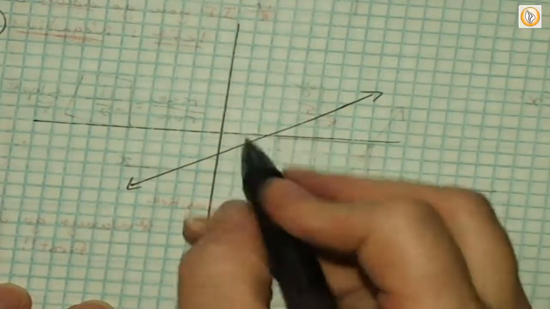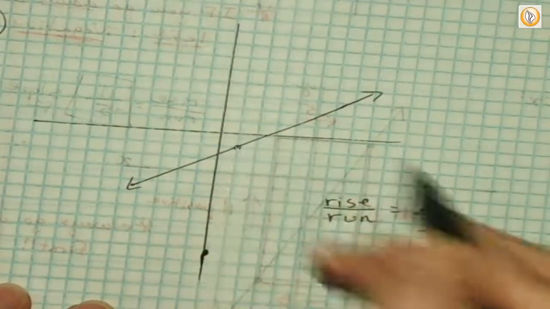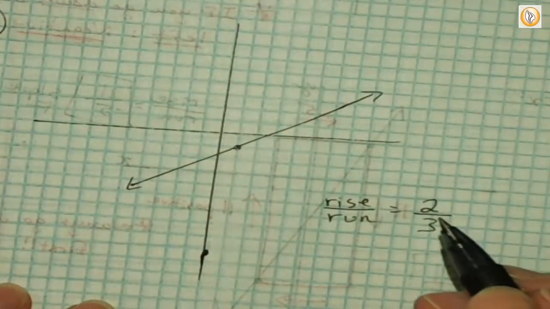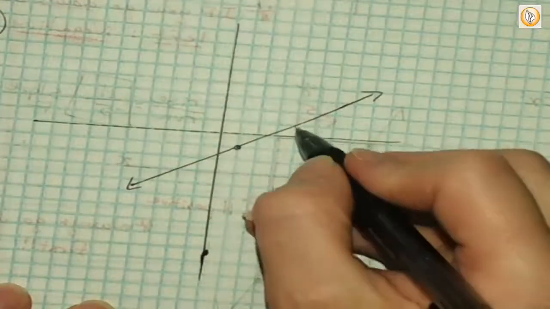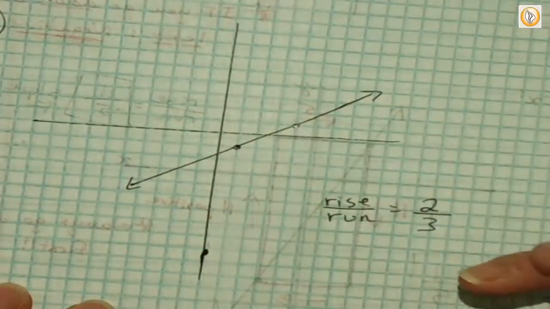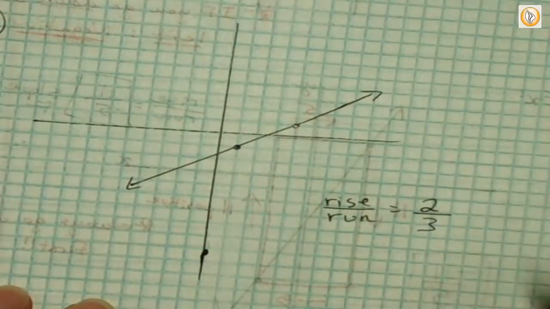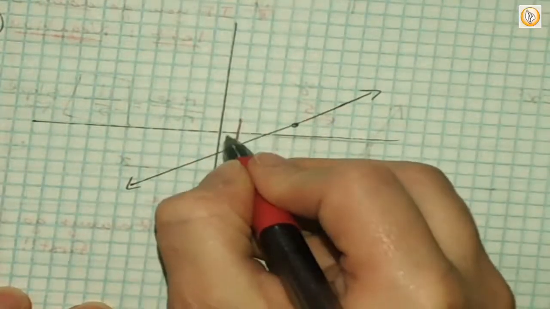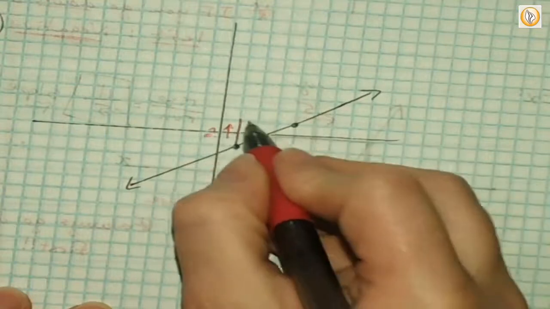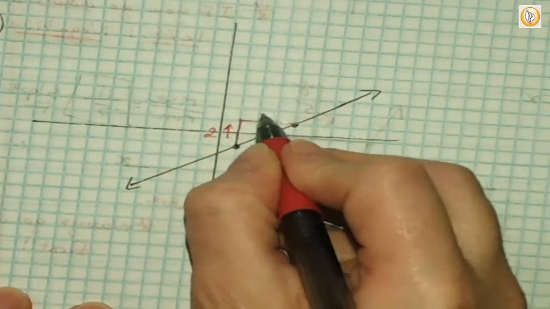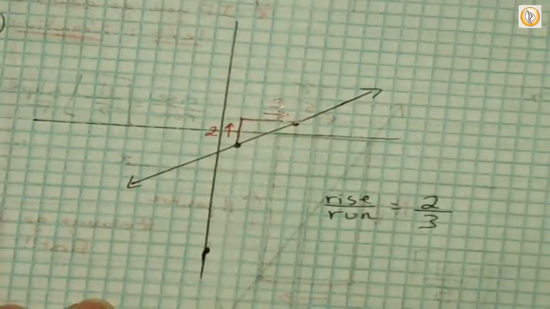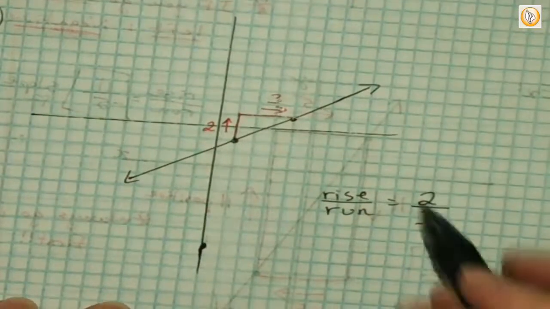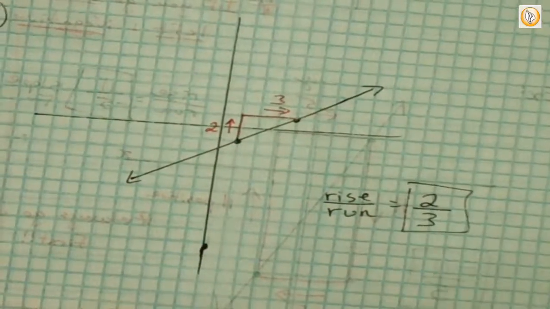Okay, very good. So here's one spot where it crosses the intersection, and then here's another one. There could have been more, but if you look, you go up 2, and then right 3. So your slope is 2 over 3.